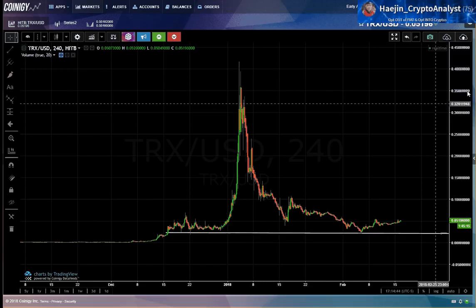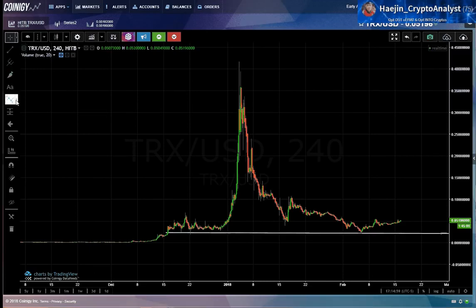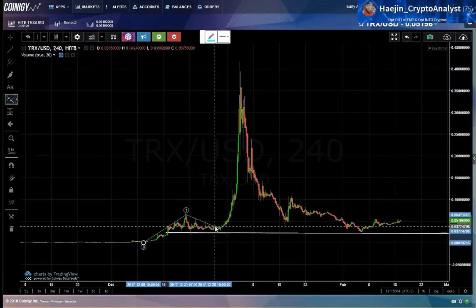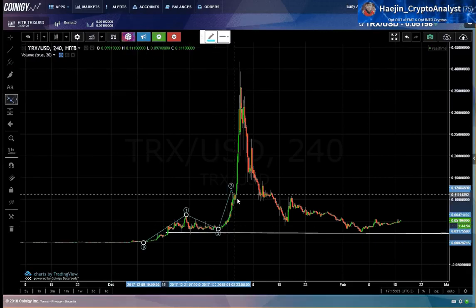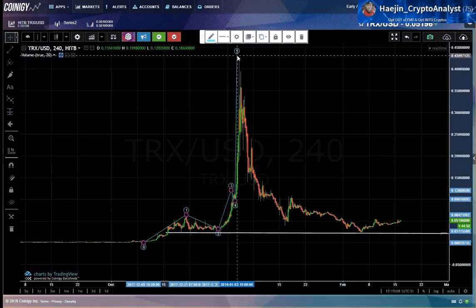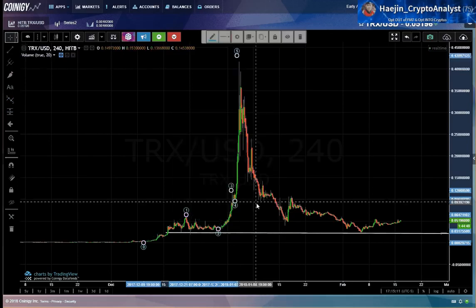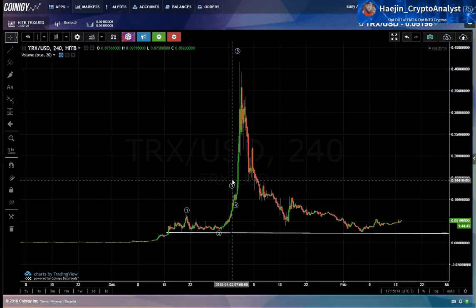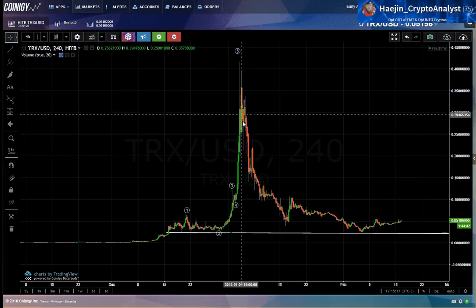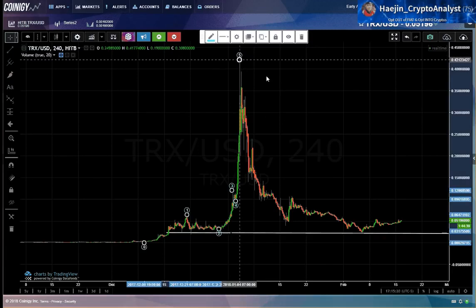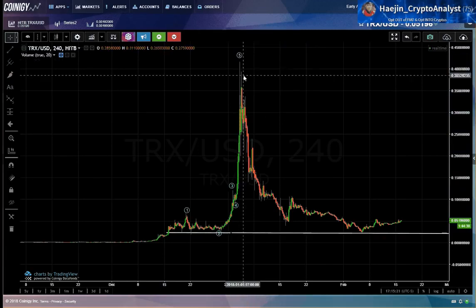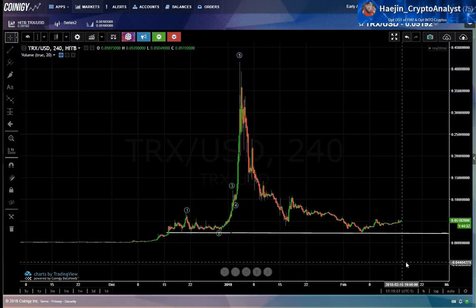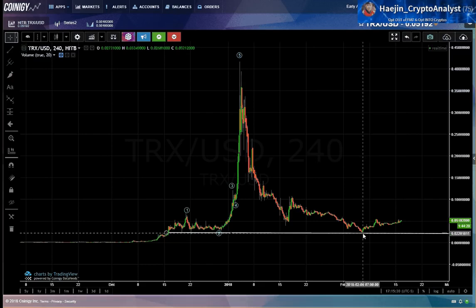Here the extended wave 5 could be seen as this. And if this was very extended, there's a way you can draw a 3, 4 here as well, which I believe I did last time. But if this is extended fifth, it has reached exactly to the underbelly of the wave 2 region as well. So that makes it less likely for this to hit another lower low.